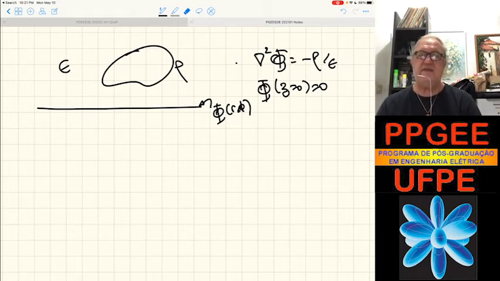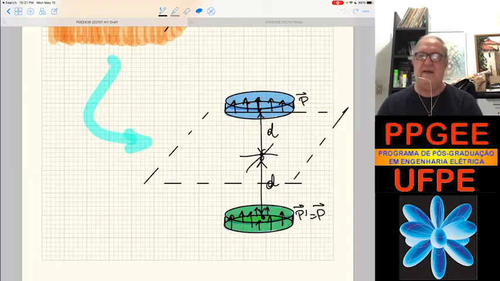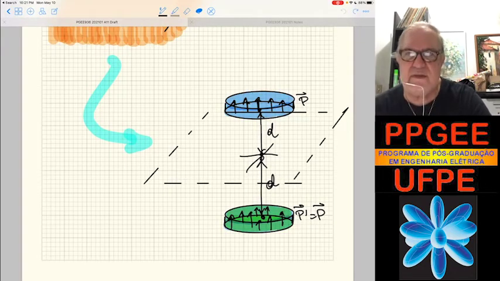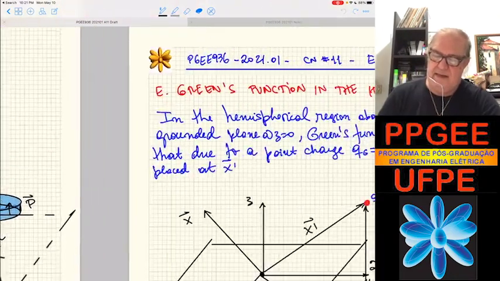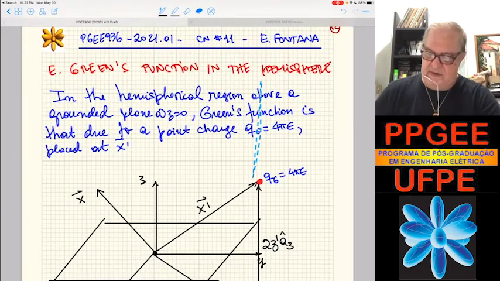Let's solve the Dirichlet boundary value problem. The Green's function is nothing less than the solution of a point charge on a grounded surface, because that's what the Green's function is.